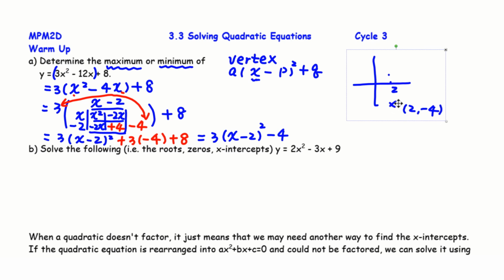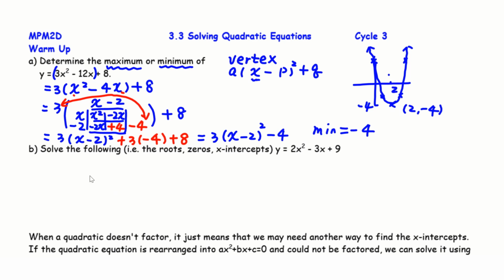The step pattern is right one up 3, left one up 3, then right one up 9, left one up 9. Then you could sketch it, and from here you know that it opens up, so you have a minimum value at the vertex. The minimum value is the y coordinate of your vertex, which is negative 4.